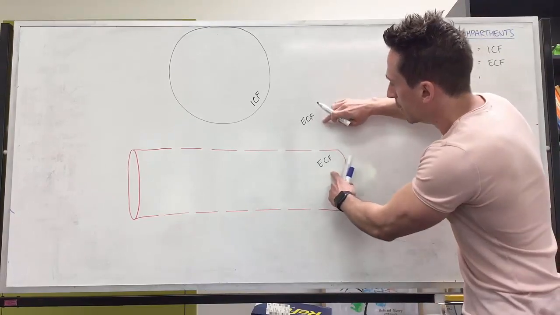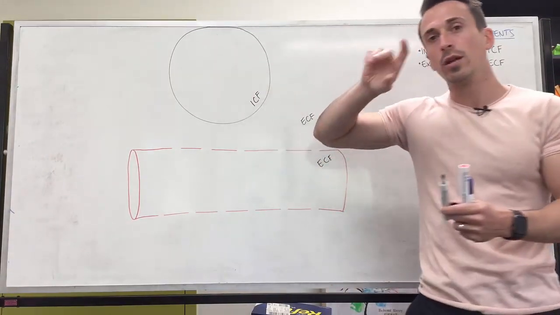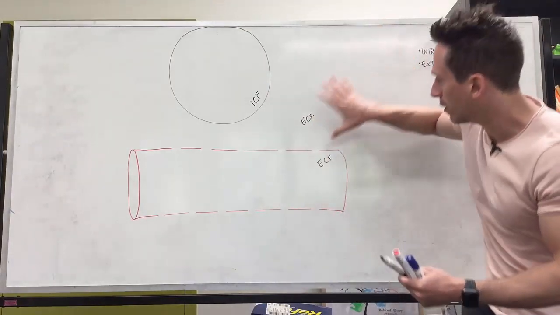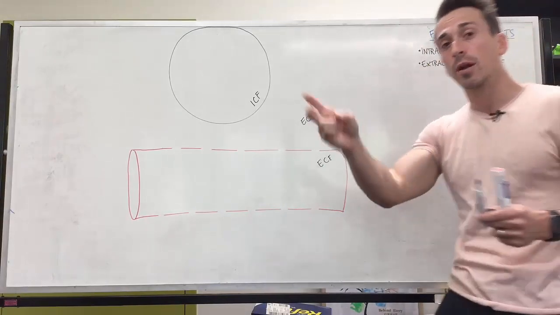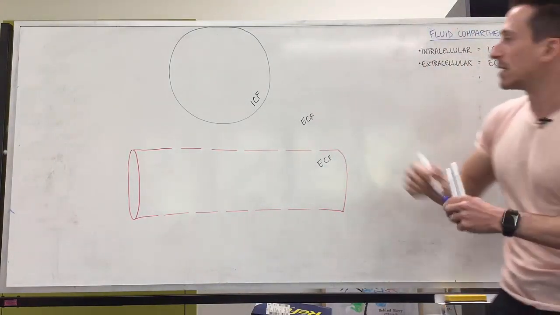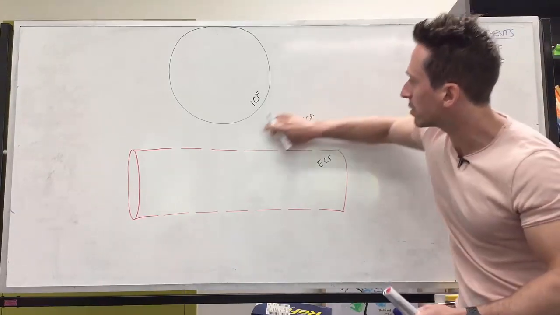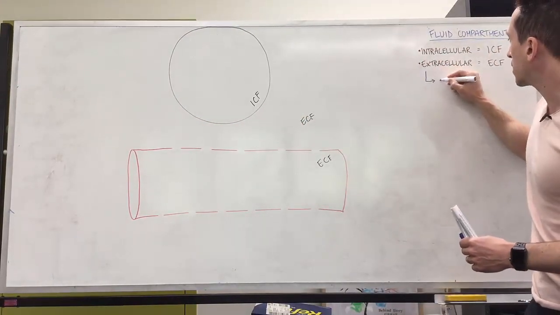Now they're two separate compartments, obviously. So you've got intracellular fluid, everything inside the cell, and extracellular fluid, or the fluid outside the cell, and the extracellular fluid compartment is broken up into two subcompartments. What are these compartments? It is the area that sits outside the cell and between the cells. That is called the interstitium.